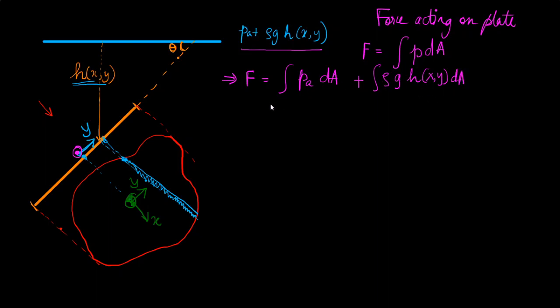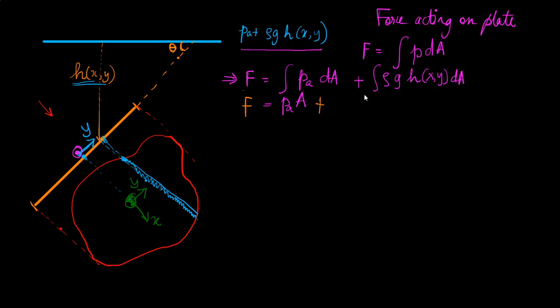Now integral Pa dA is simply Pa times A, and no surprises, we have seen this in the last lecture as well. So this is the magnitude of the force. The direction is always normal to it, but okay, you get the point.